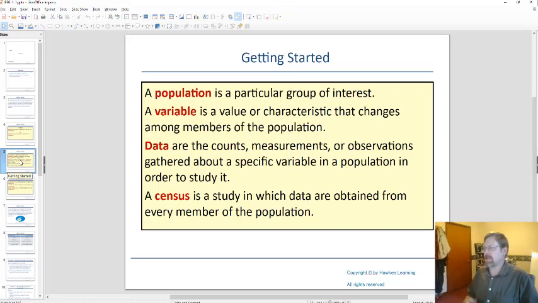Data, of course, is the counts or observations or anything about variables. So the actual values of the SAT, the actual recorded, observed eye color, that's all data.